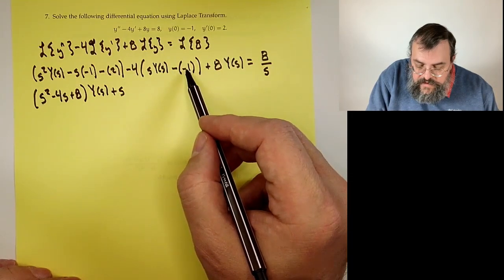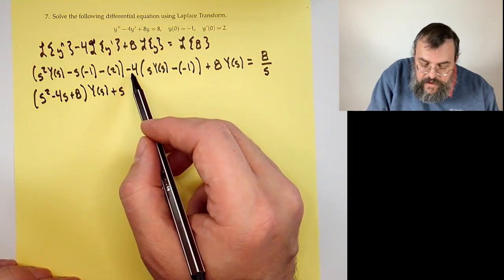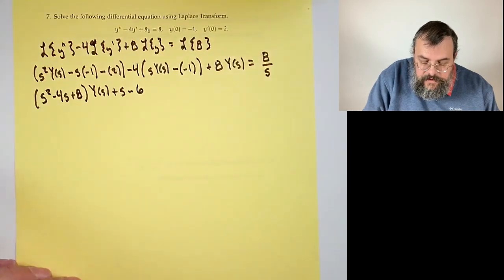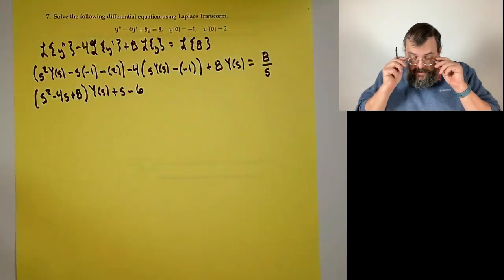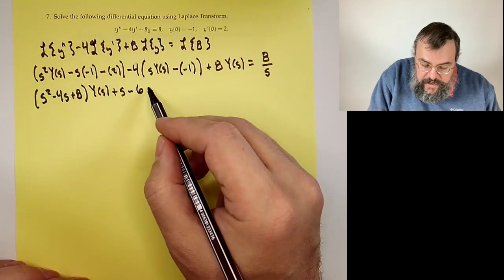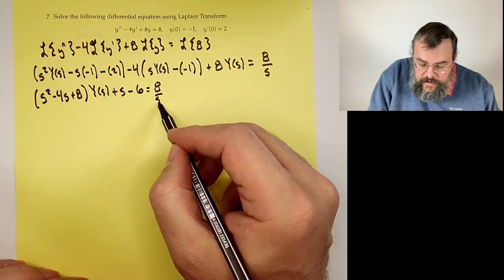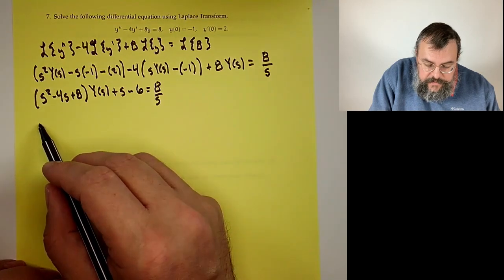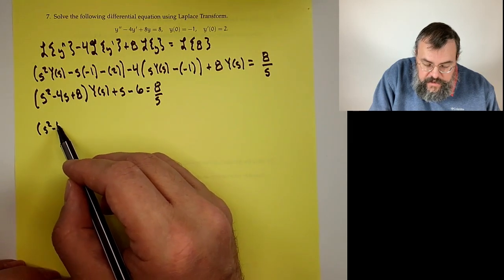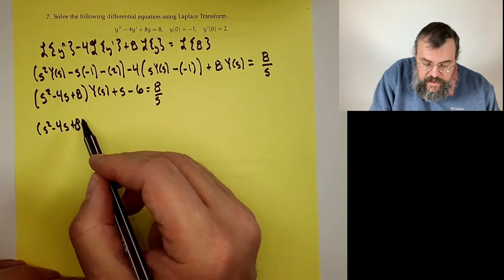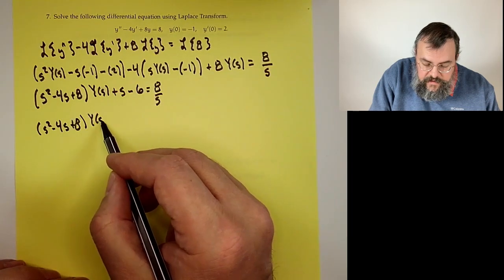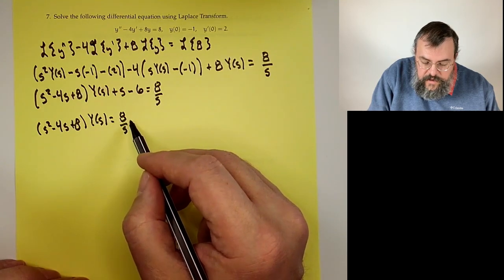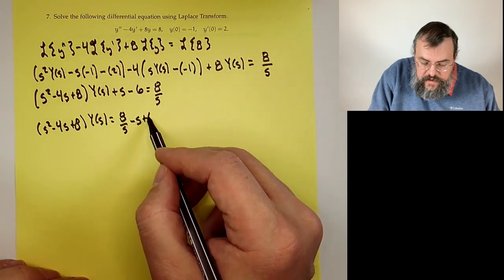So minus makes a plus, and there's another minus, so minus 4 minus 2 makes minus 6. All right, good. And that equals 8 over s. So we have s squared minus 4s plus 8 times y of s is equal to 8 over s minus s plus 6.